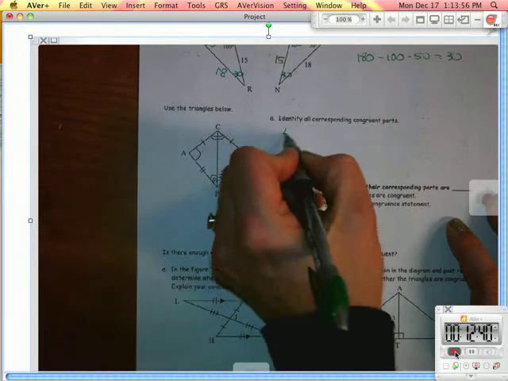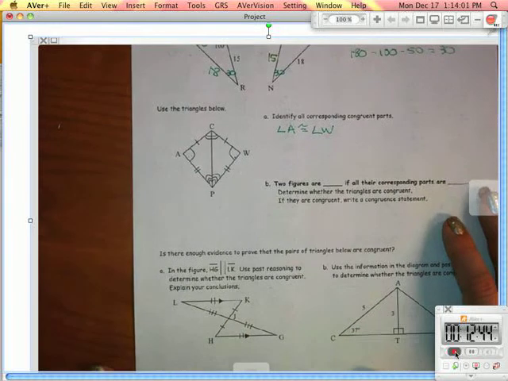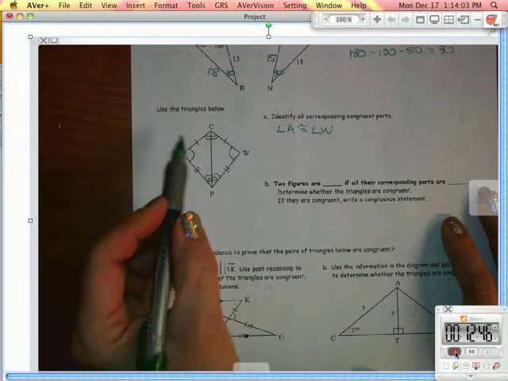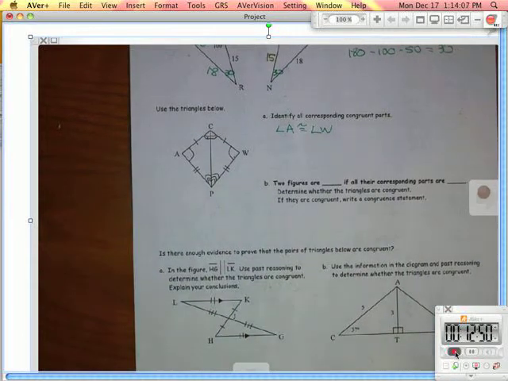I cannot call them angle C. Why not? Because they're two different angles. Even though they're congruent, I have to name them differently. Sometimes you have to name angles with 3 letters. So I say ACP. ACP is talking about that right there.